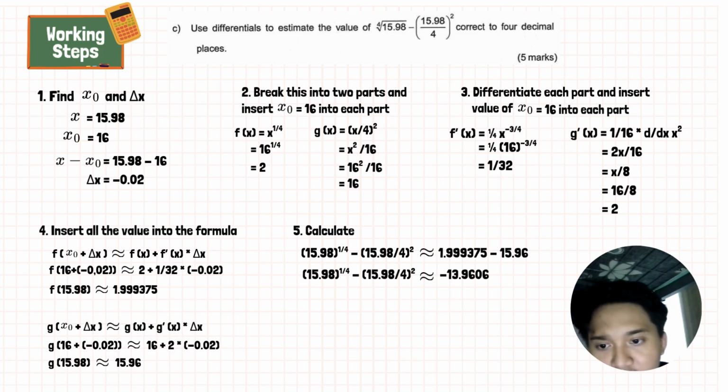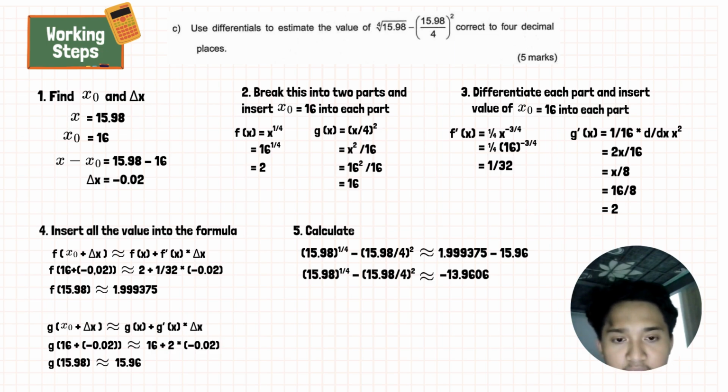And then for the g(x), we have the same formula. We substitute the value g(16) plus 2 times negative 0.02, and 16 plus 2 times negative 0.02, we get 15.96.